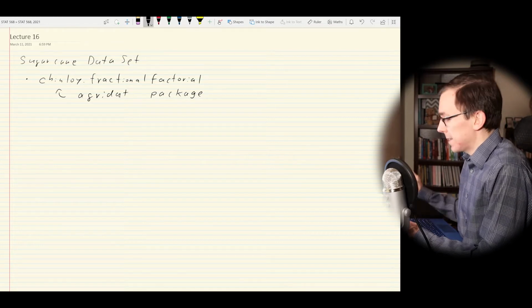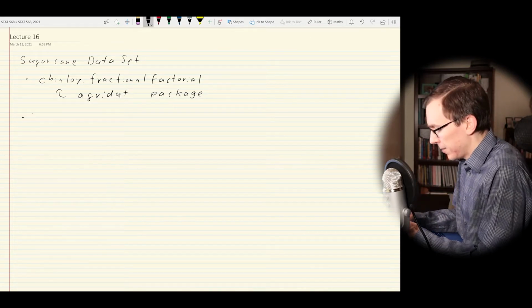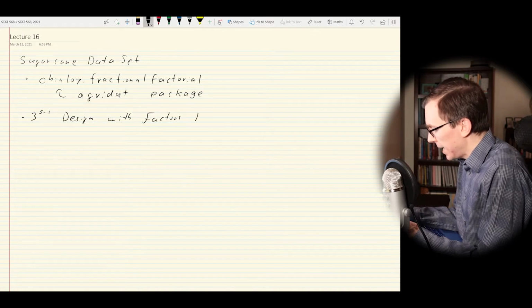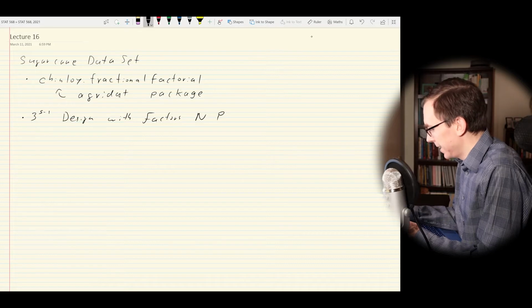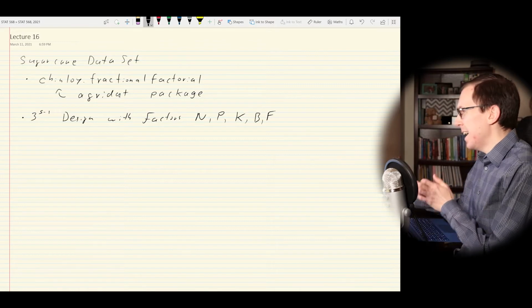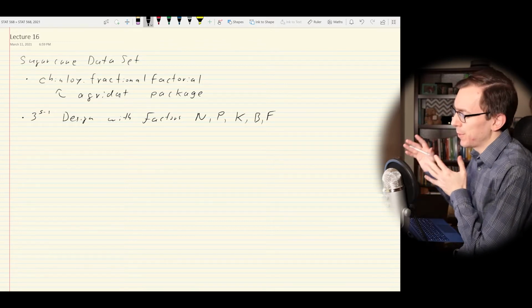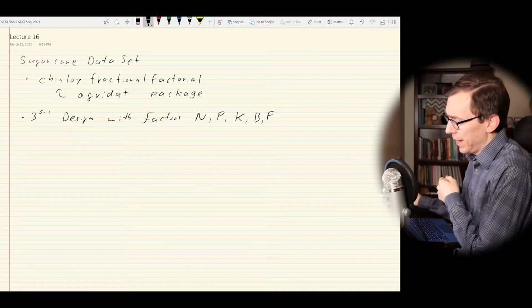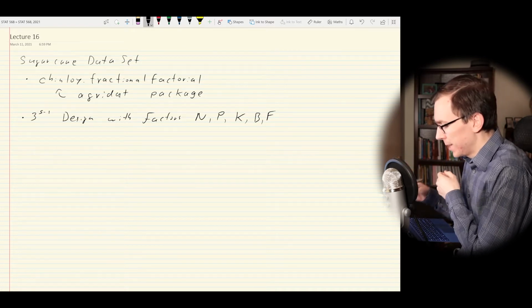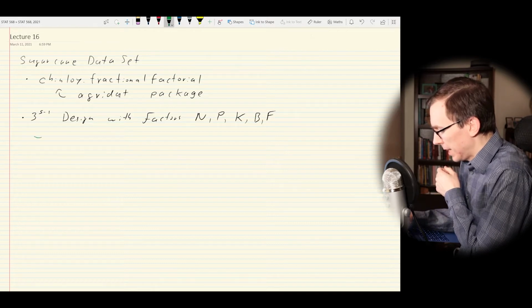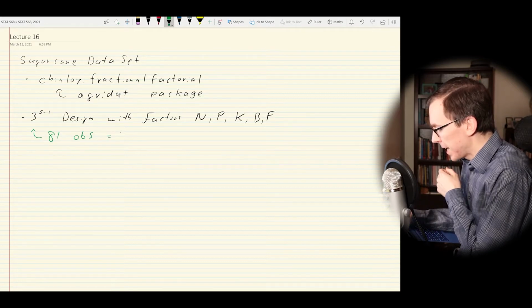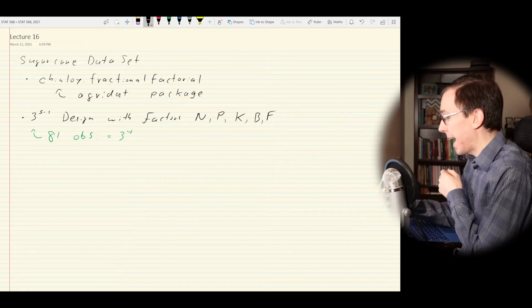Right, so we already looked at this last time, but just to emphasize, this is a 3 to the 5 minus 1 design with factors N, P, K, B, and F. So those are our factors, and what we saw last time was that when we looked at the actual data, we found that, yes, it was a 3 to the 5 minus 1 design, so there were 81 observations, right? 3 to the 4, just to emphasize how many data points we have to work with.